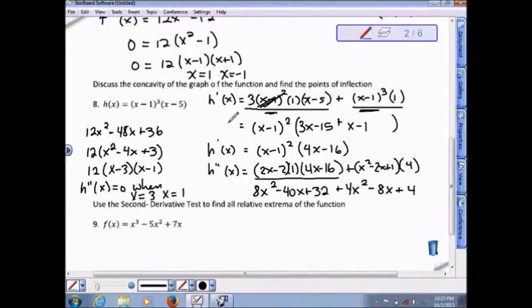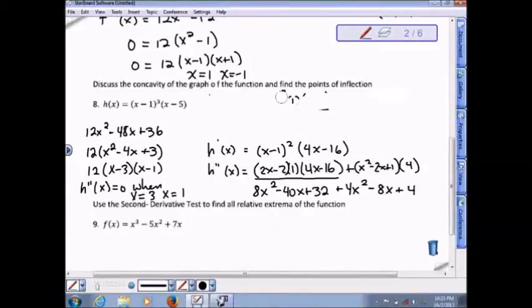So those are the points now that we have to place on the number line. To discuss the concavities, we have 1 and 3. Test points in the intervals now.